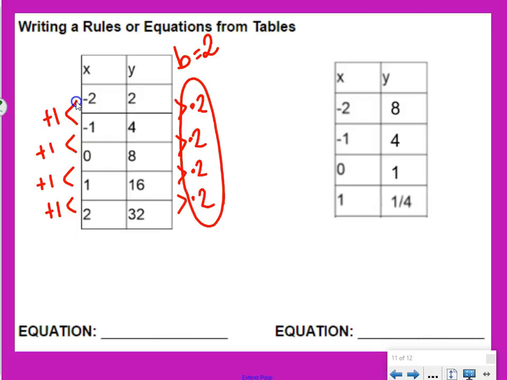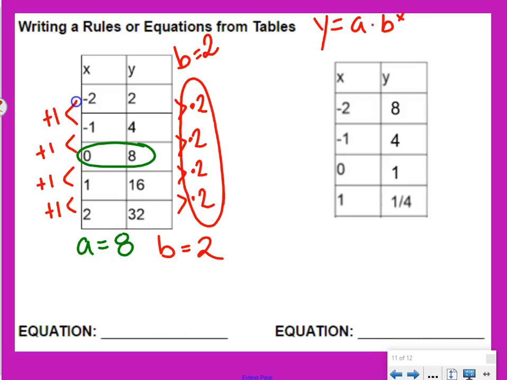Find your a, your y-intercept where x equals 0. That's going to be our a. So a equals 8. b equals 2. Now we just need to write our equation. Remember, our equation form is y equals a times b to the power of x. So we say y equals a, which is 8, times b, which is 2, to the power of x.